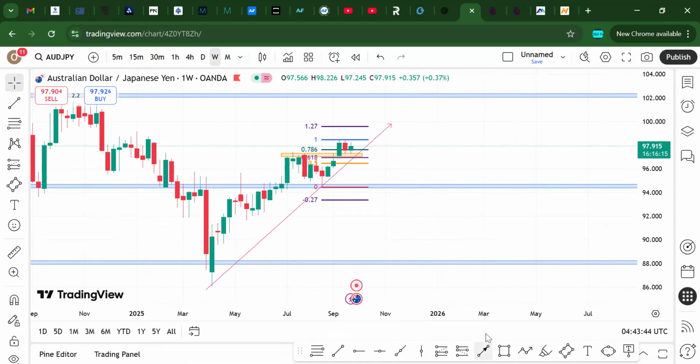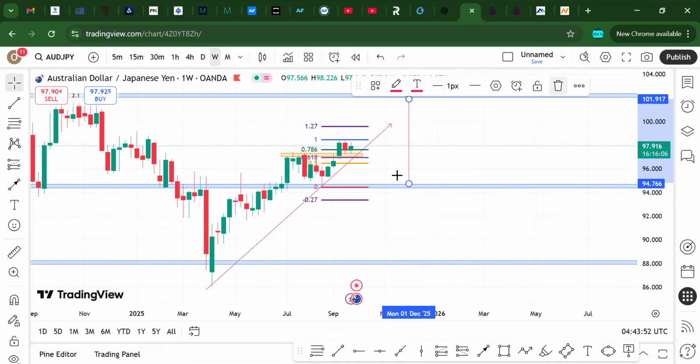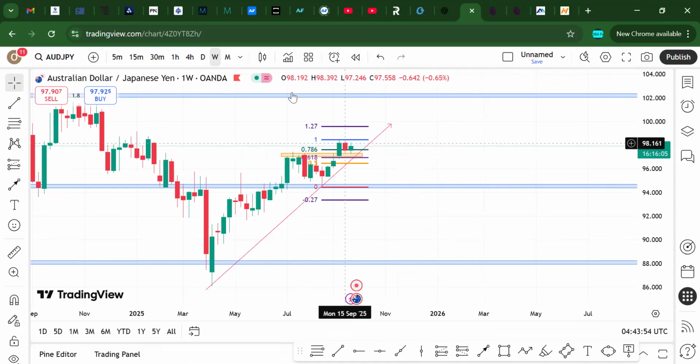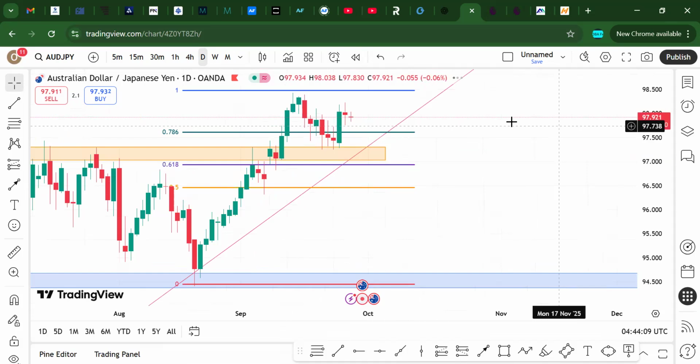We said that AUDJPY is still heading upwards towards this resistance zone, and we've seen a W chart pattern to support our claim that this market is still going to go upwards. The next thing to do would be to see if, from the immediate trend of the market on the daily time frame, we can get trading opportunities as of now.